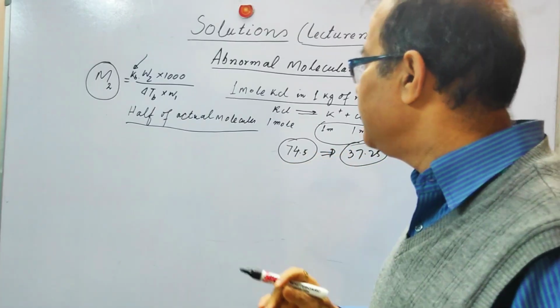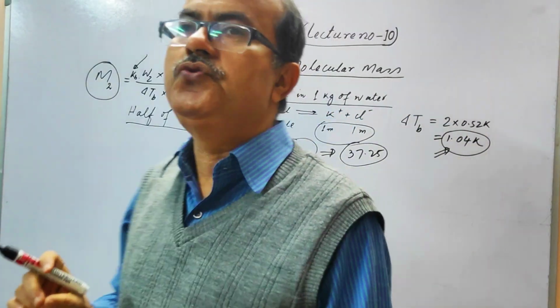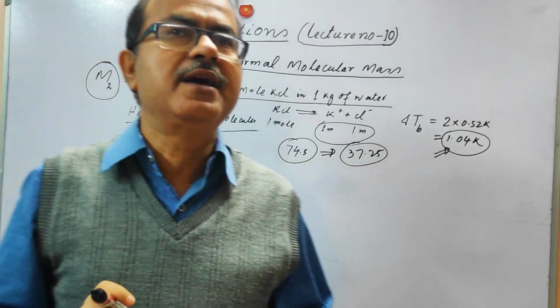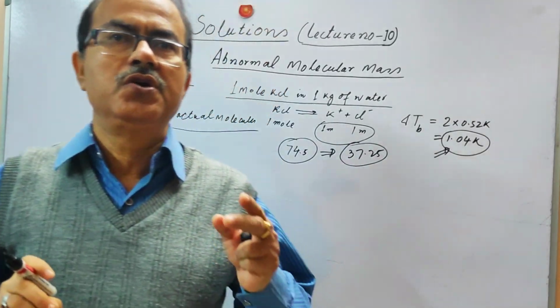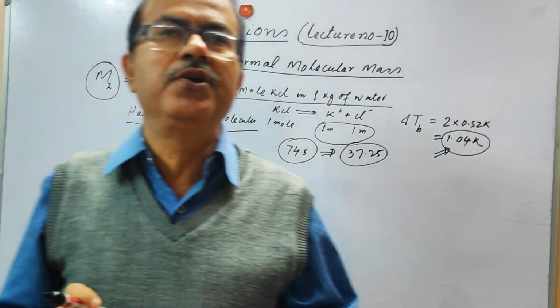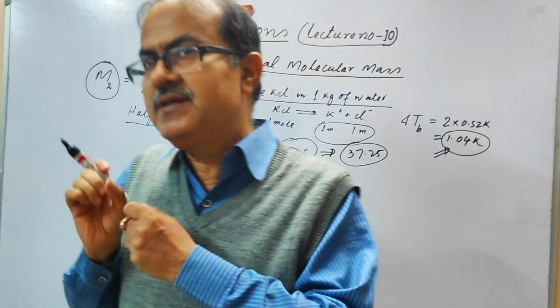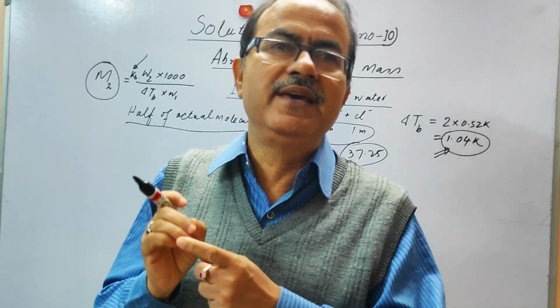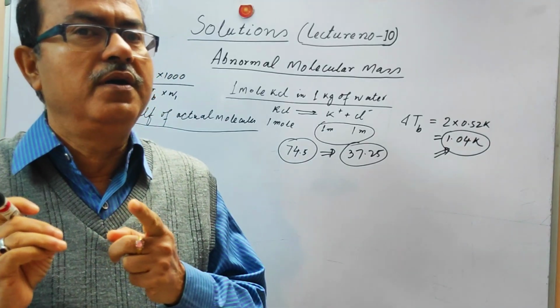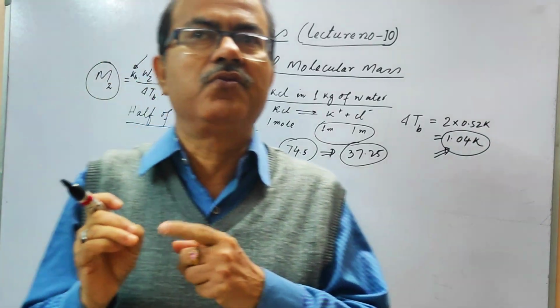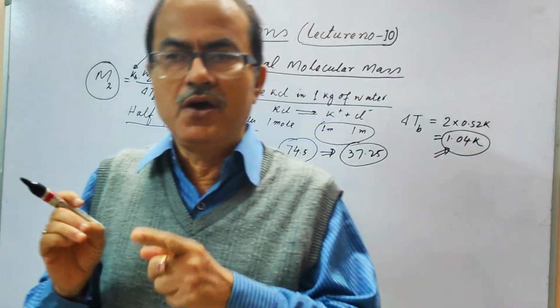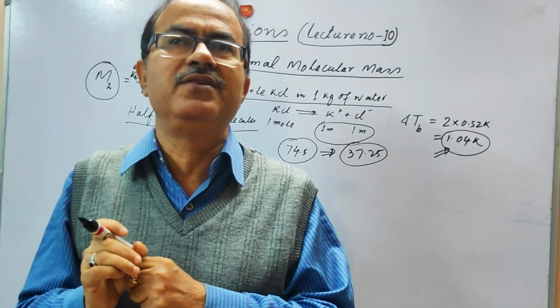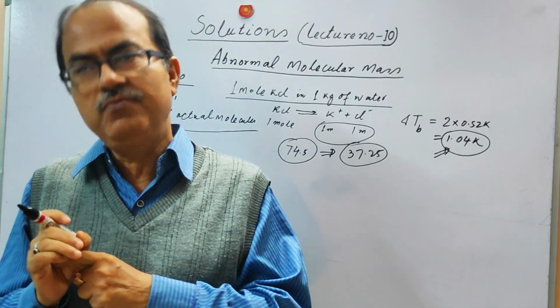So we can understand that for those solutes which dissociate in aqueous solutions, when we calculate the molar mass from the elevation of the boiling point, we will find a wrong determination of the molar mass, and it will be less than the true value.